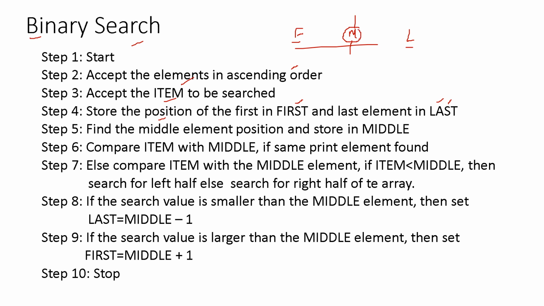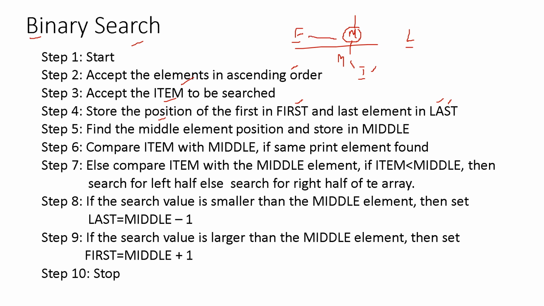Now, if they are not the same, what we have to do is compare the value with the item. We know that they are arranged in ascending order. See that. So the M value, that is the middle value, is compared with the I value, the item value. If the item value is smaller, that means it will be in the first half.